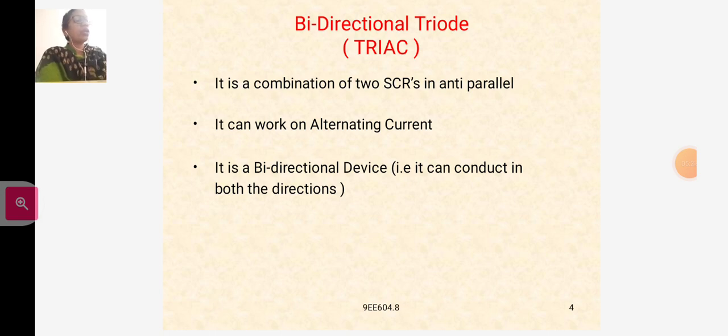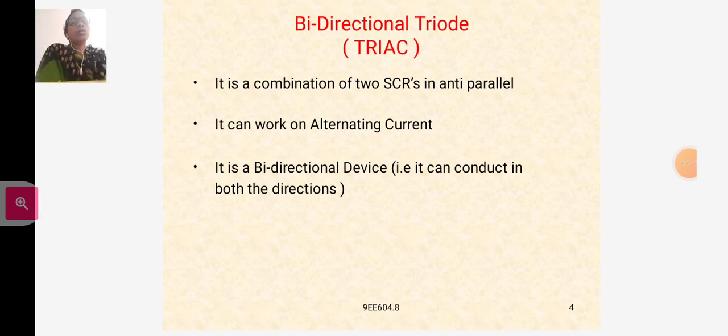However, in an AC system, it is very necessary to control both the positive and negative half cycles. For this purpose, a semiconductor device called the triac is used. It is a combination of two SCRs connected in anti-parallel.